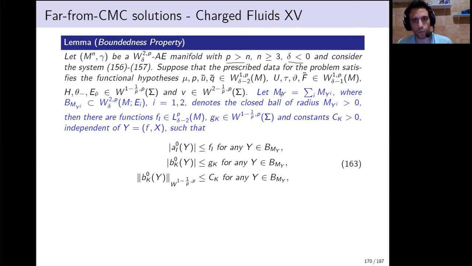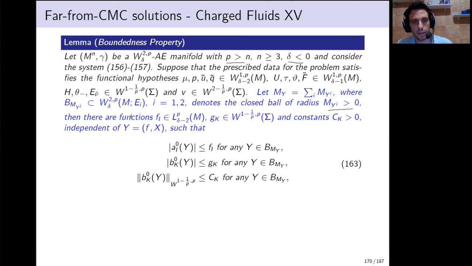So we fix certain radii, this radius M sub y_i, in each of our functional spaces. For us, these are related with the electric and the momentum constraints. So we have balls in the corresponding functional spaces with these radii, and we take the sum of our radii here.